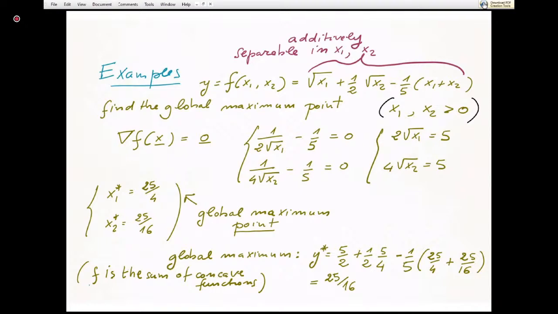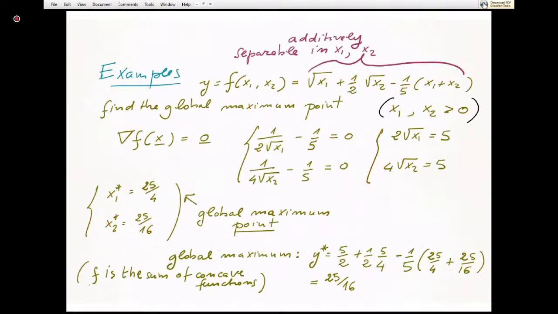We will see one in the review exercises, I guess next week. We want to find a global maximum point and to check preliminarily that the point that will satisfy the first order condition will be in fact a maximum point. So we want to check preliminarily that this is a concave function of x1 and x2.